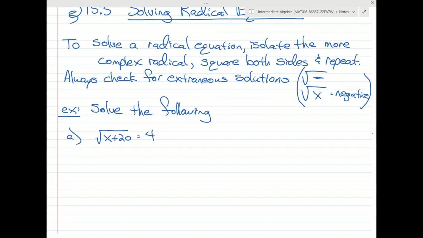We have to get the radical by itself. You always want to isolate the radical, and then you square both sides. And we get x plus 20 is equal to 16, or x would be negative 4.